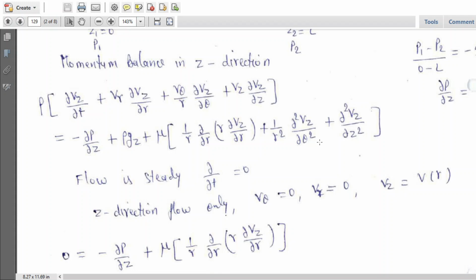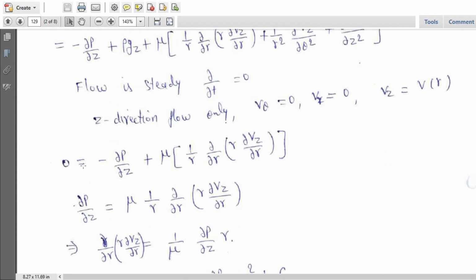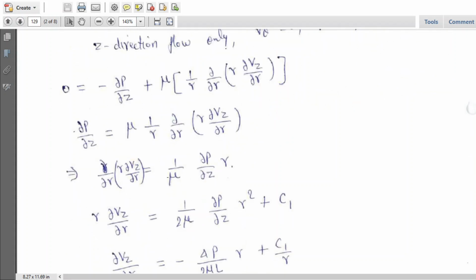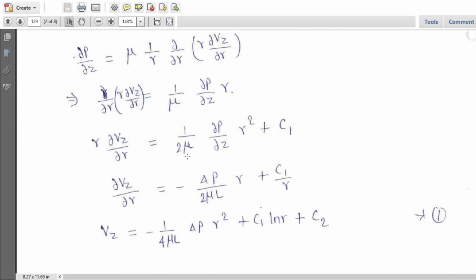By putting all these constraints, we will end up with this equation: 0 equal to minus del P upon del Z plus mu times 1 upon R del upon del R of R del VZ upon del R. So we can write del P upon del Z equal to mu times 1 upon R del upon del R of R del VZ upon del R. From here we can convert partial into total, since R is the only variable.